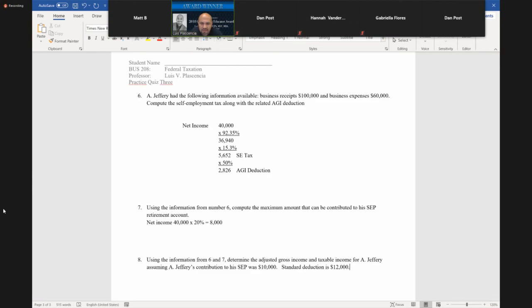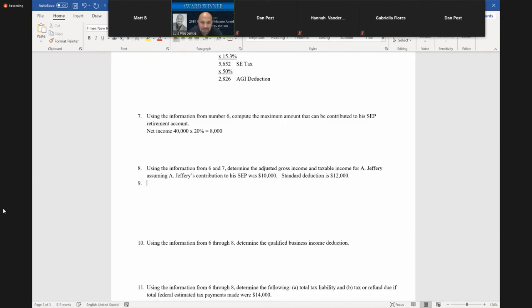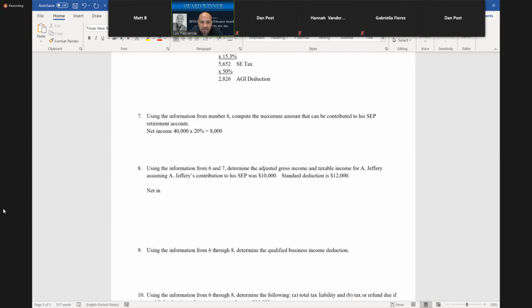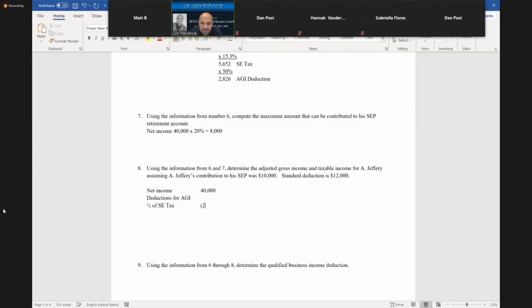All right, do we have enough information to figure out the AGI and taxable income? Yes. Well, we also need to do the qualified business income deduction. Again, I'm going to need your help with this, doing the math. So let's, again, net income. Net income is 40,000, right? Minus deductions for AGI. We have a couple deductions for AGI. One-half of SE tax. How much was that? Again, negative 2,826, right?